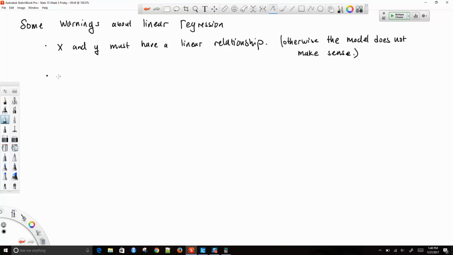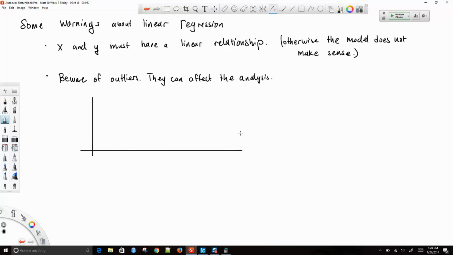Beware of outliers, as they can greatly affect your analysis. Let's say we are looking at shoe size and income.